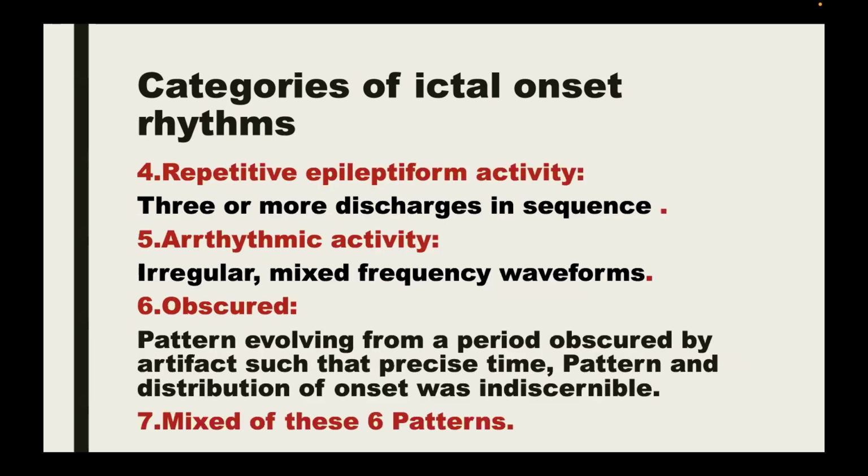The fourth one is repetitive discharges, the same discharge repeating itself, three or more discharges in a sequence. The last is rhythmic activity of mixed frequencies, which is a difficult one, and can be obscured by muscle artifact and a mix of these frequencies.